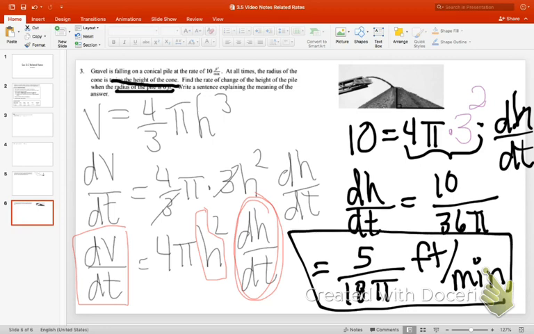If this were shrinking, say there was a hole in the bottom and gravel was falling out and the height was getting smaller, we would have ended up with a negative rate of change to indicate that it was shrinking. So the signs on these help you know if you're getting them right or not. If what you're looking for the rate of change of is growing, getting bigger, it will be positive. If it's shrinking, getting smaller, it's going to be negative.